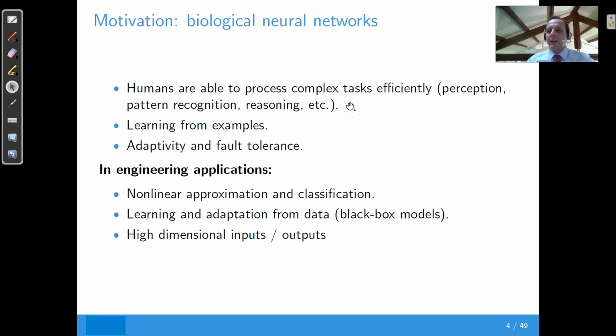In contrast to linear models, as we saw in the first module of the lecture, neural networks are used because we aim to describe also and especially nonlinear processes. As we remarked in the previous part, system identification methods were limited to linear models.